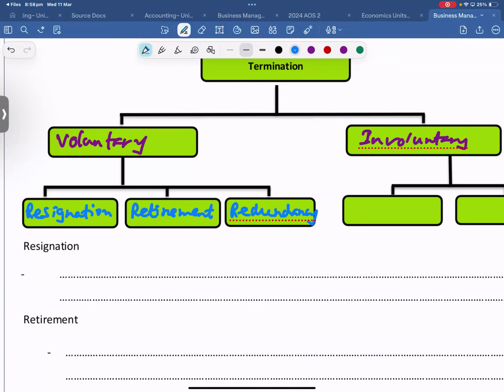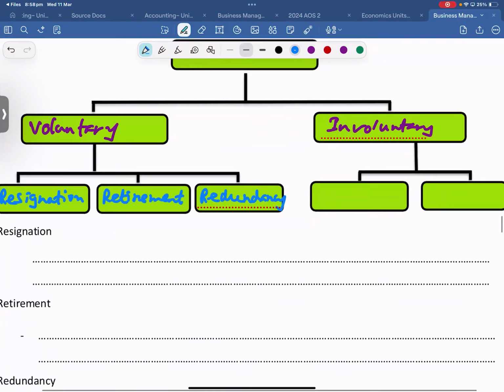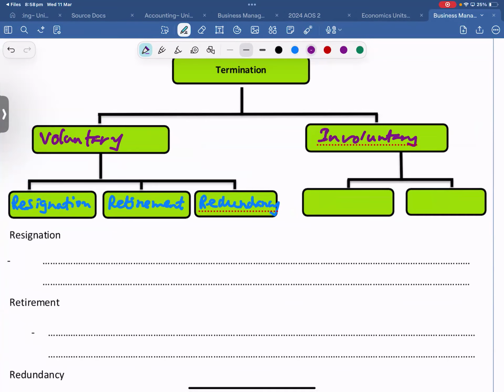All right, so we'll write the involuntary ones as well. So do I write restructure? No, don't write restructure. Right, this one, involuntary, also we have redundancy. That is normal redundancy.